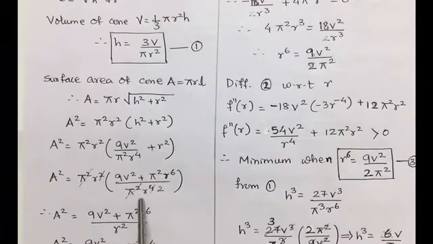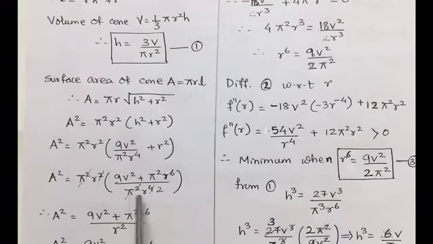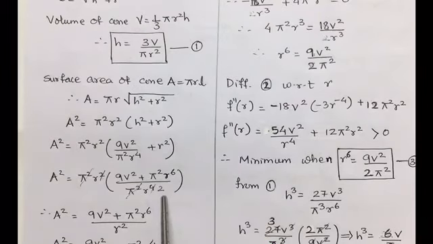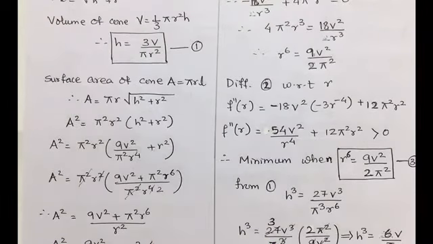Cancellation: pi square and pi square get cancelled, r square gets cancelled with r raised to 4, and r square remains here. So after the cancellation, we get A square as 9V square plus pi square r raised to 6 divided by r square.